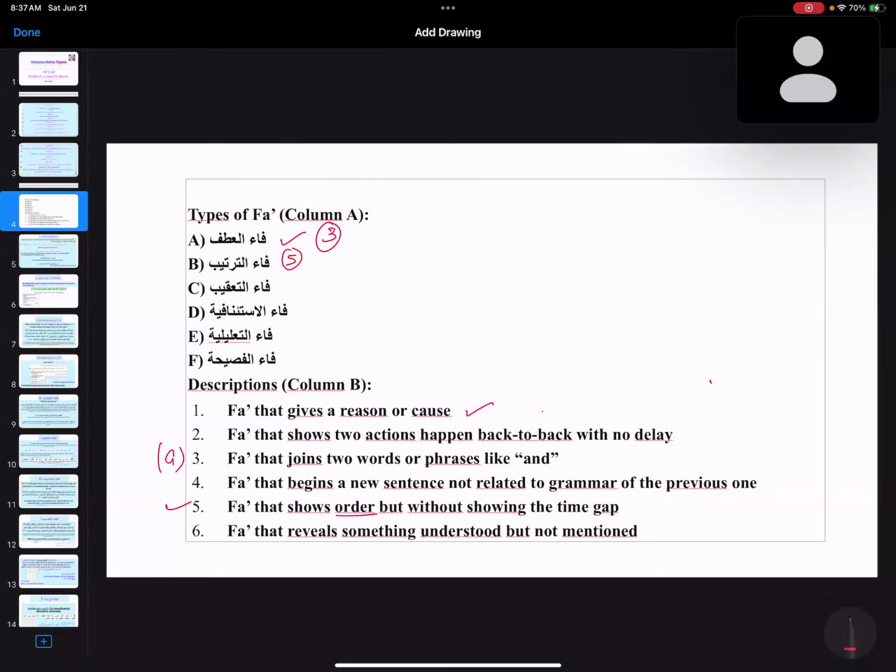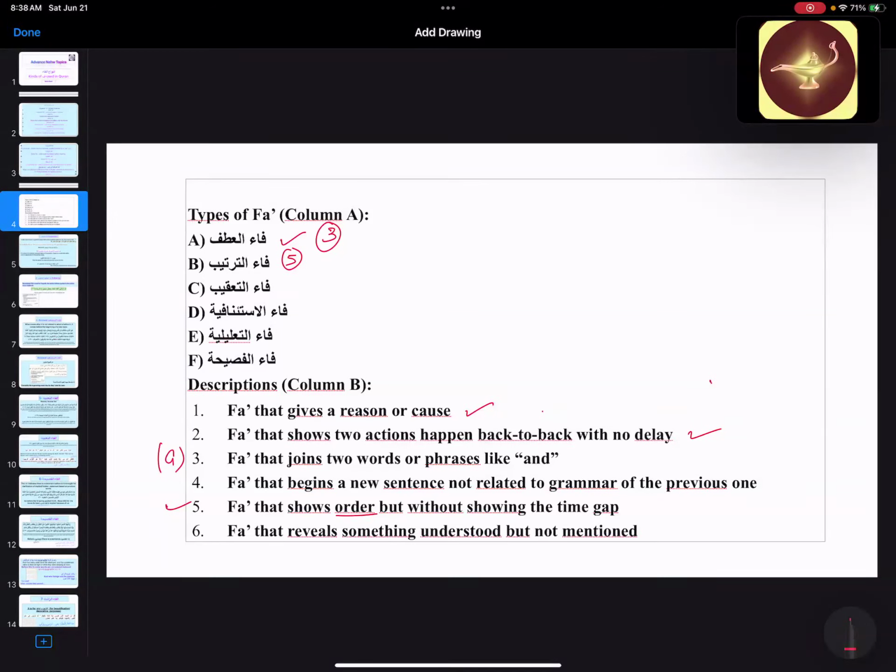They are not happening immediately, like we saw in taqib. In taqib, the things are happening back to back. But this is not the case with tartib. Rather, it is a chronological order, a natural sequence in which things are happening.